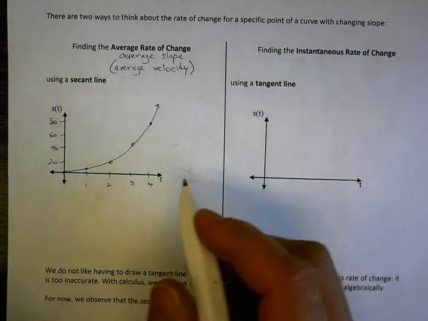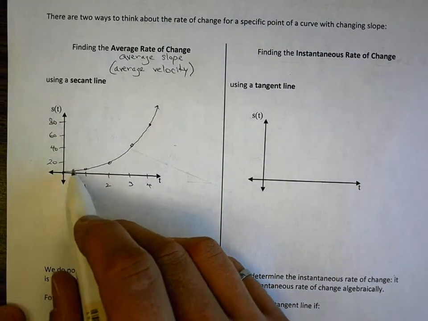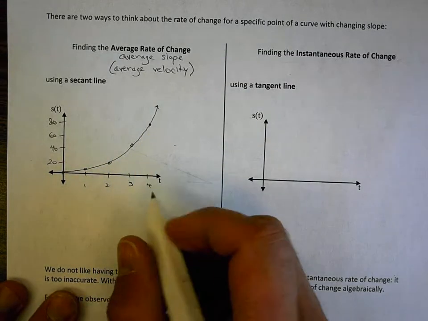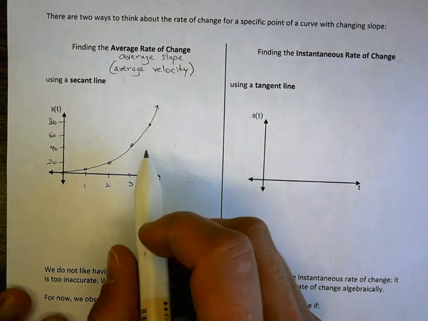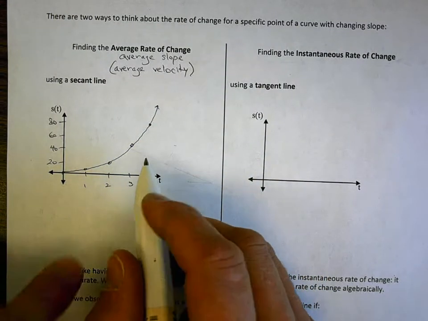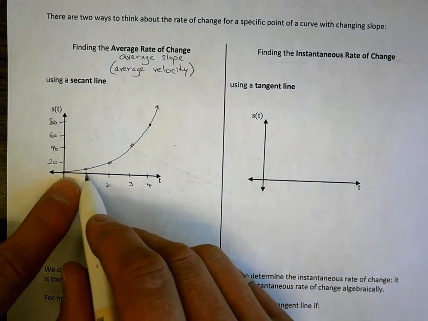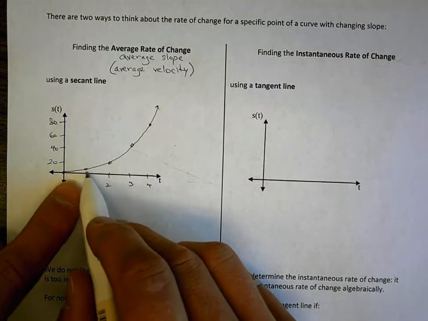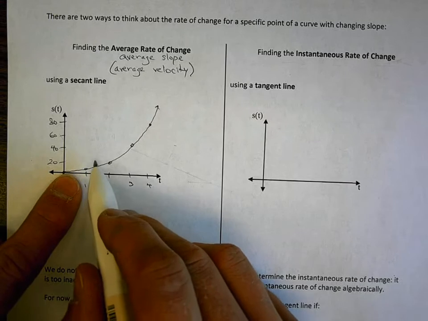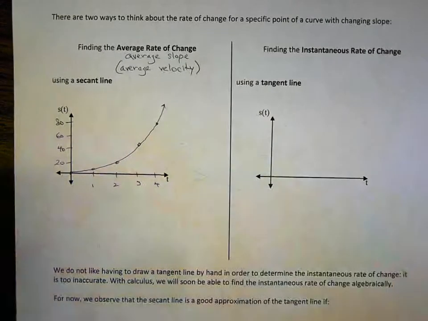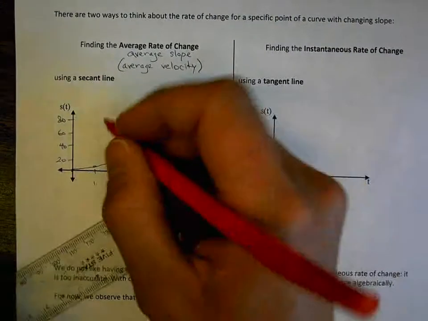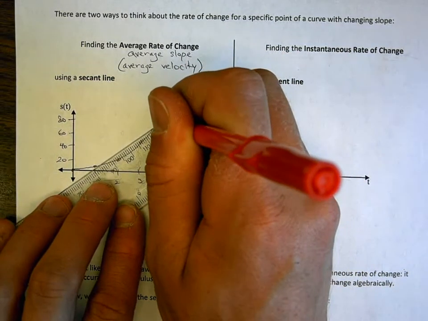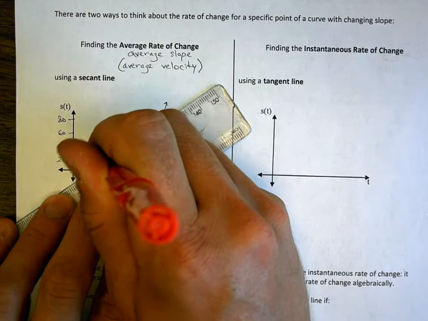And the average you would find by taking any 2 points that you know on the graph. So let's say you want to find the velocity at time equals 1. We're going to choose 2 points that we know on the graph. So let's use this point at 1 second and this point that we know at 4 seconds. We're going to draw a secant line.